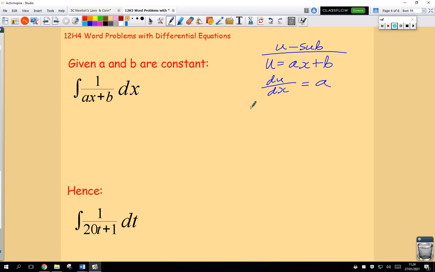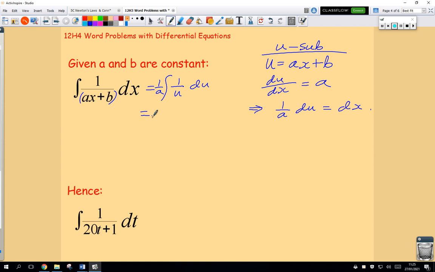Then I'm going to solve for dx in terms of the other variables, dividing on both sides by a and multiplying on both sides by dx. So I can reframe the integral as 1 over u, where dx is 1 over a du. 1 over a is a constant, so factor it out, times du.